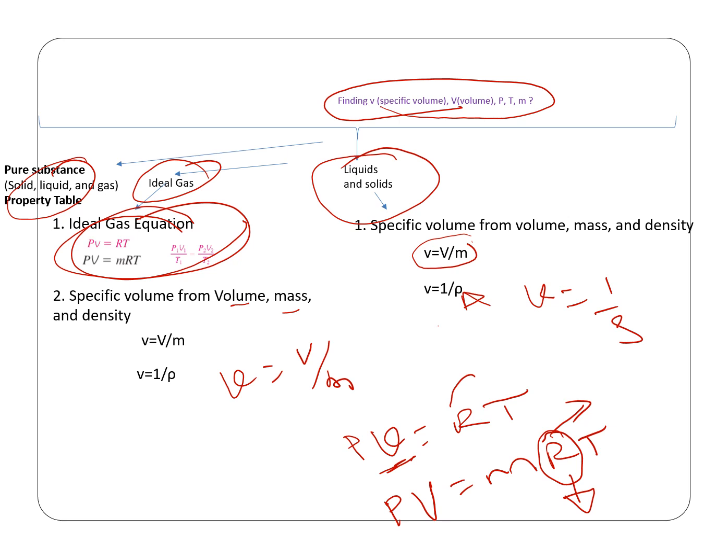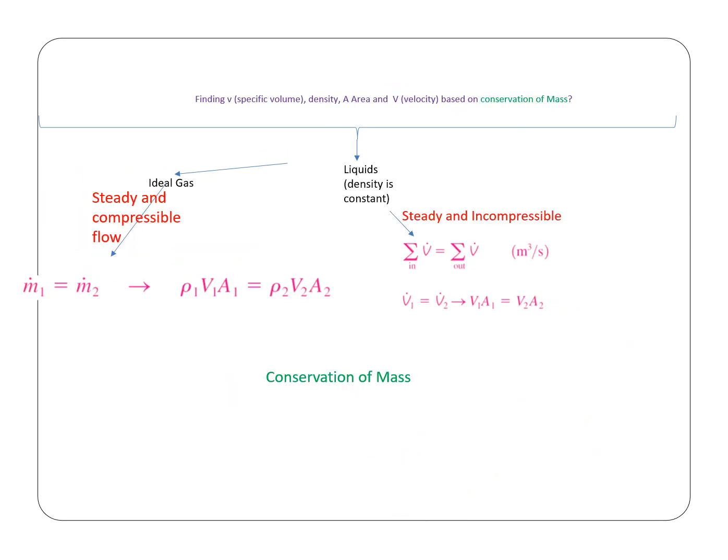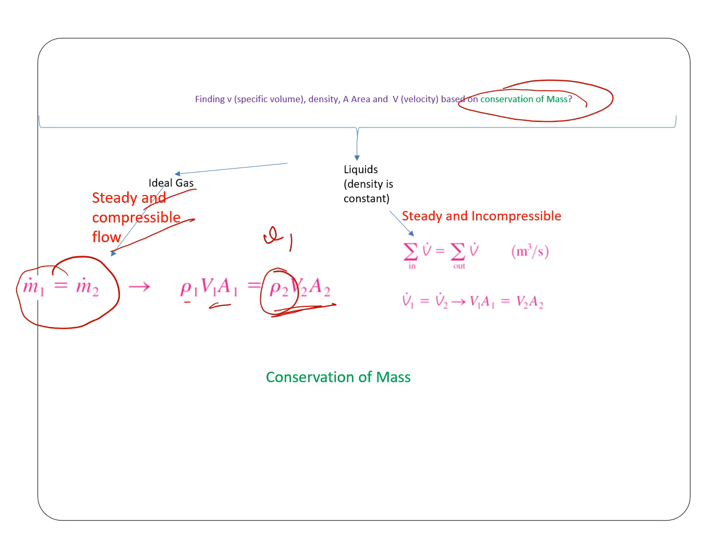The other way to find the specific volume is to use the conservation of mass. If it's steady and incompressible, with one inlet and one outlet, then you have rho1 A1 V1 equals rho2 A2 V2, and rho is the reciprocal of the specific volume. So in that case, you can find the specific volume from here as well.